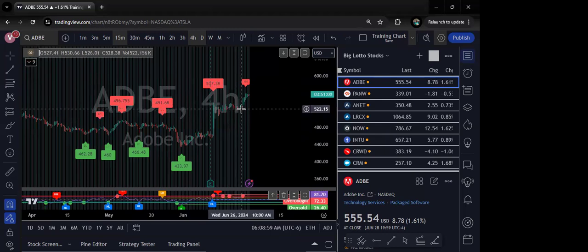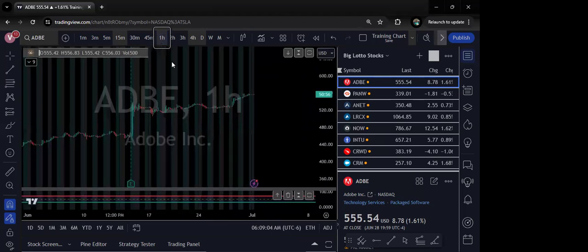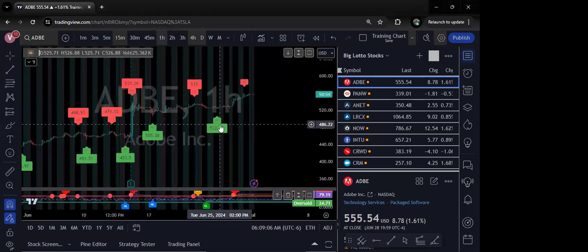And you can see also, so this is 4 hour, you can even change and see if it's going back to 61.8, then 50%.